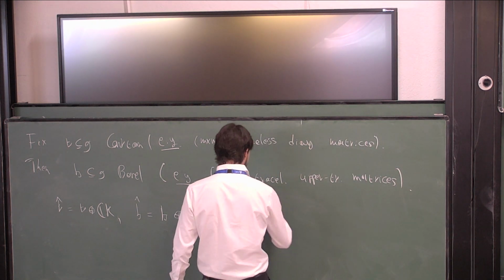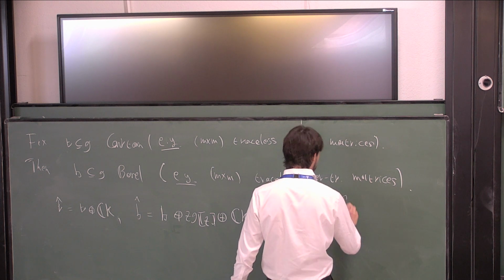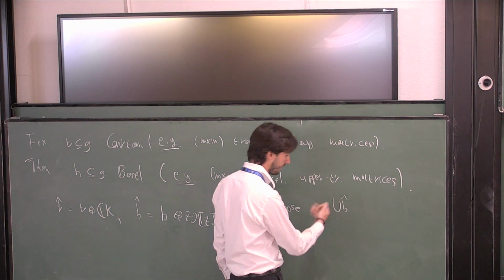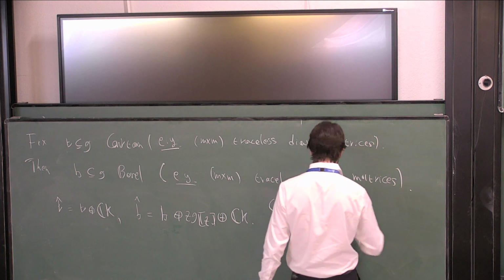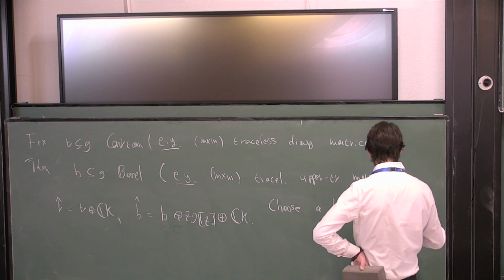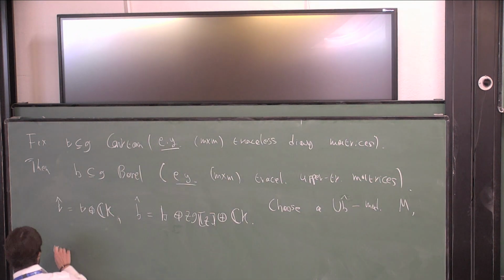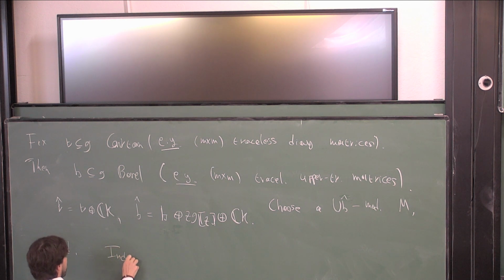So now we choose a U B hat module. I can think of modules equivalently as modules for the universal enveloping algebra. So a U B hat module, let's say M, and define some induced module, U G hat tensor over U B hat with M, which can be defined in several ways.